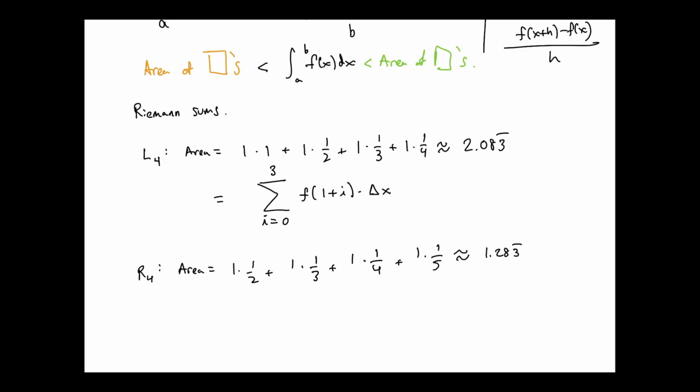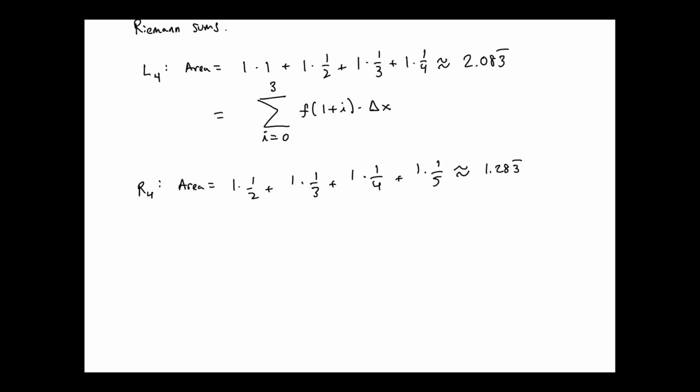If i equals 0 and I plug that in, I get f of 1, which was the first height of my rectangle, correct? If i equals 1, then I'd get f of 2. What's the height there? 1/2, and so on.